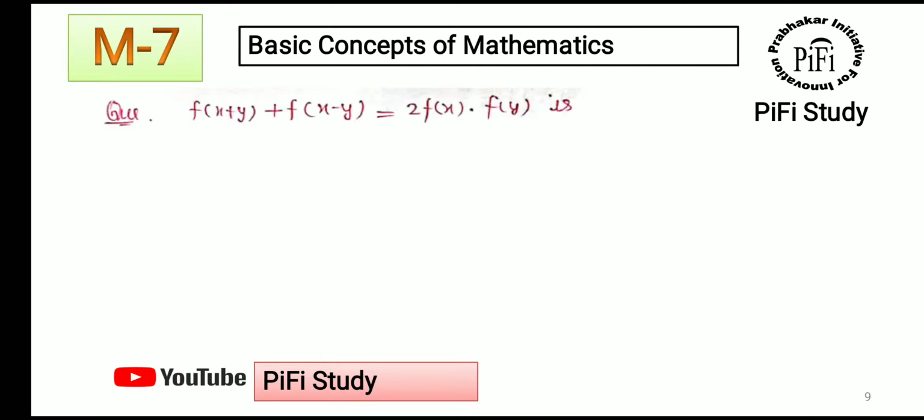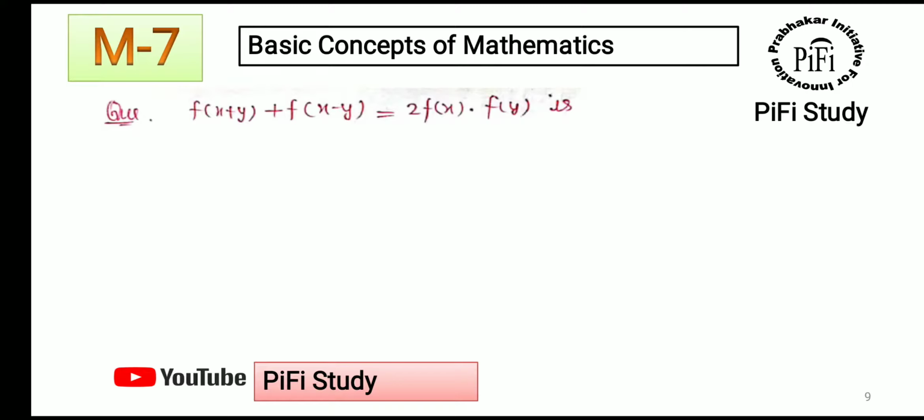Next, if f(x+y) plus f(x-y) is equal to 2 f(x) into f(y). Remember when I taught you some key points of the function, if this type of function arrangement is given, you can assume this type of function.